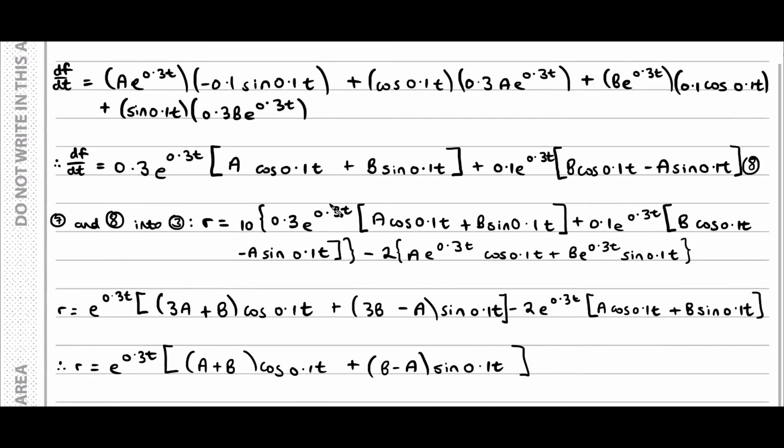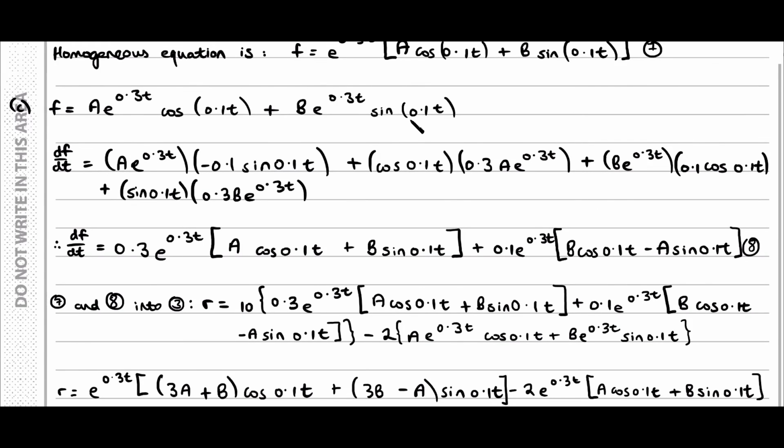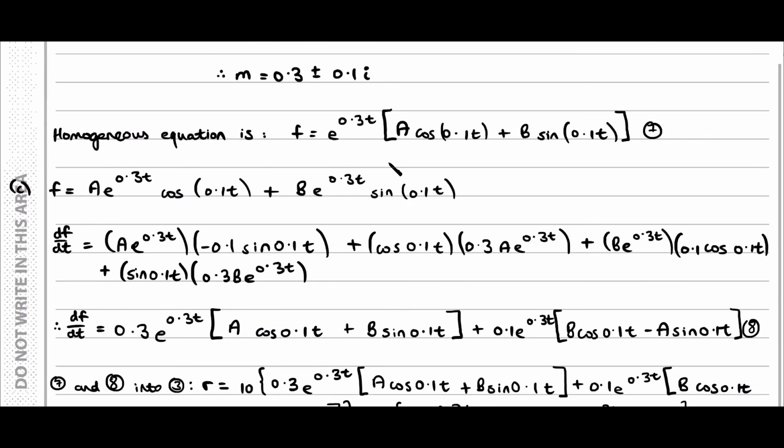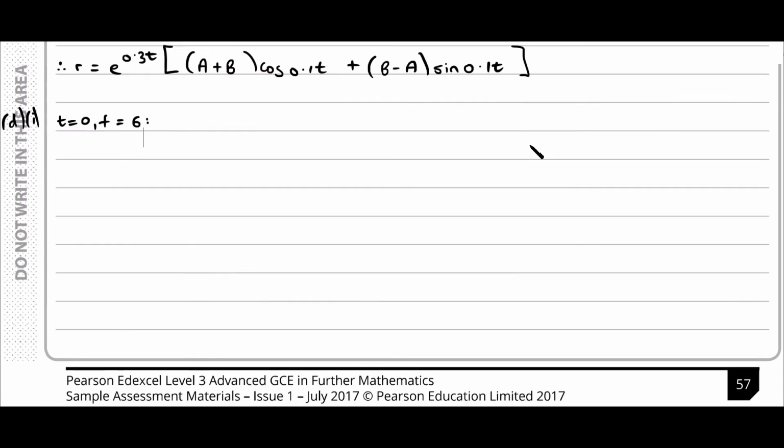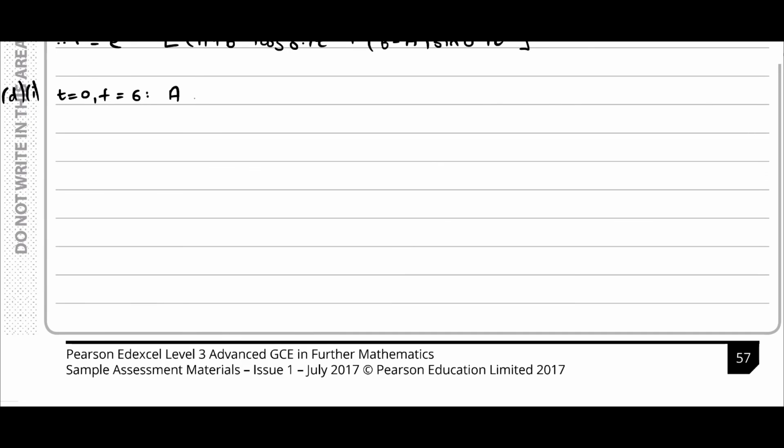So if we use this equation over here, we have a e to the 0 times the cos of 0 plus b e to the 0 sine of 0 equals 6. Now sine of 0, that's 0. So here we see that a is equal to 6.